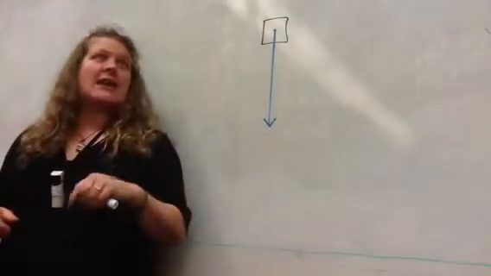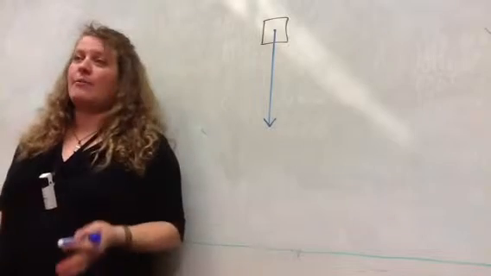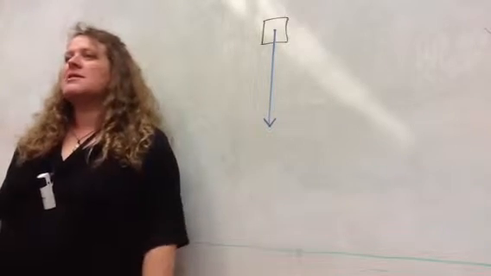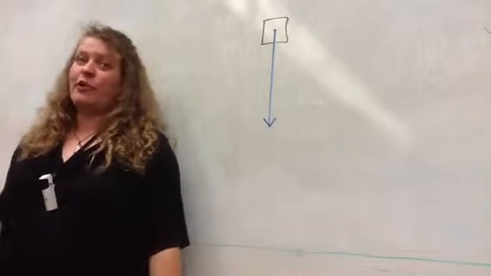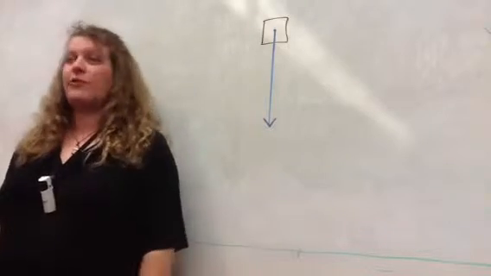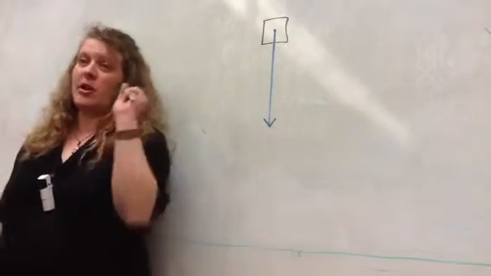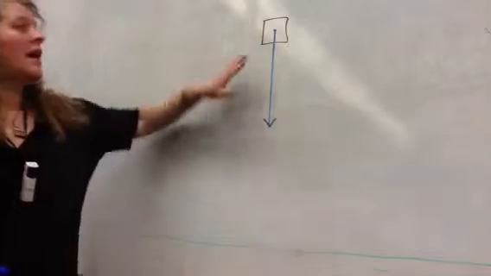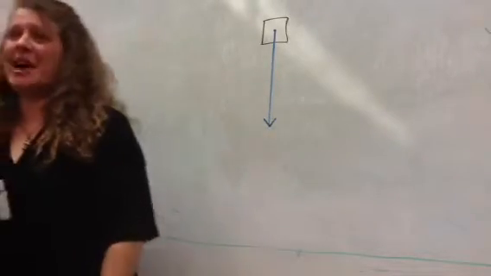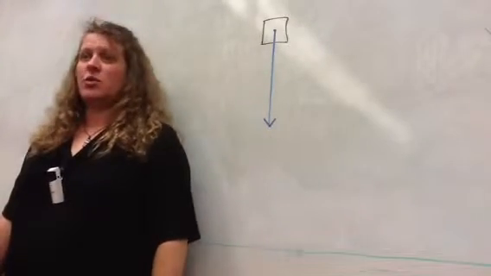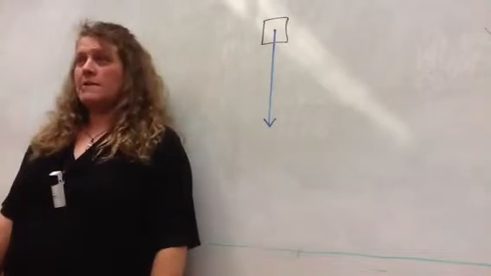So in this case, this is some object, you, sitting at a desk, and we're just doing a free body. We're not showing the desk, we're not showing the floor, we're not showing all that other stuff. We're just showing you. And we've labeled one downward force arrow. So what would that force be? Gravity.